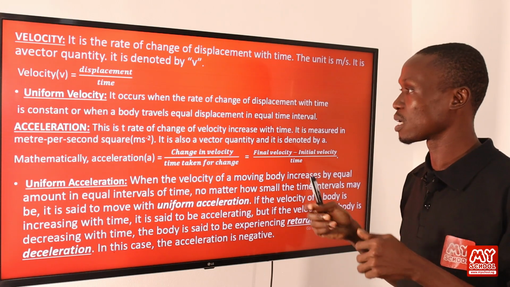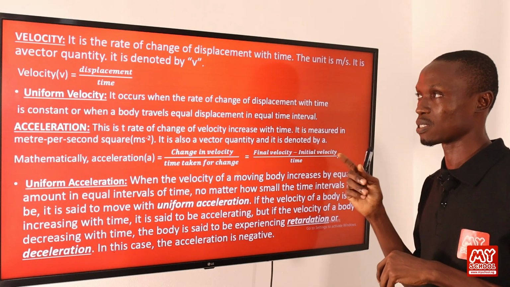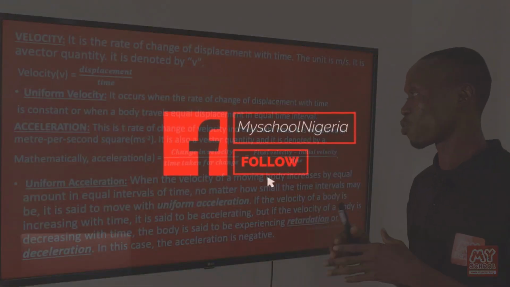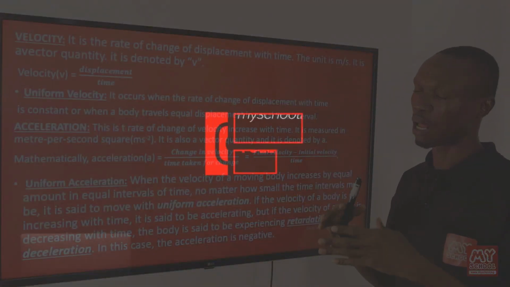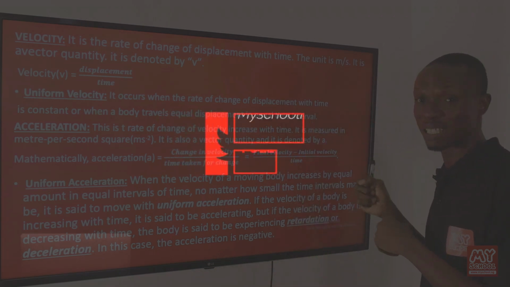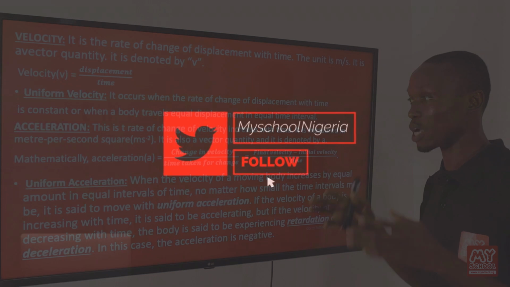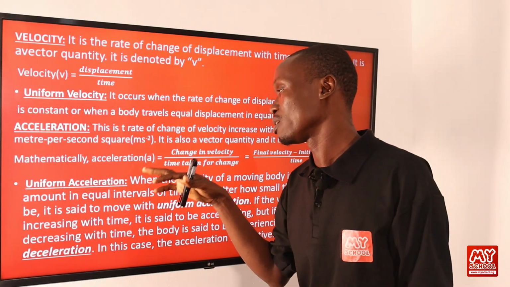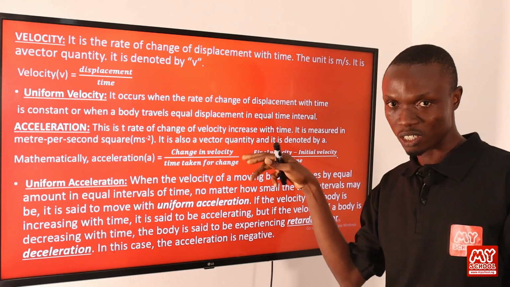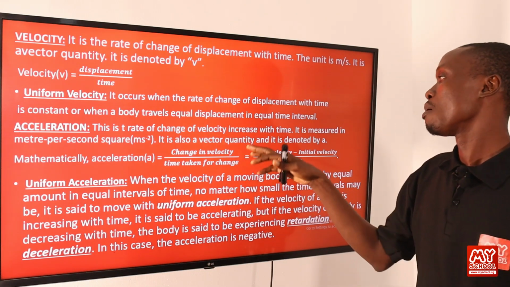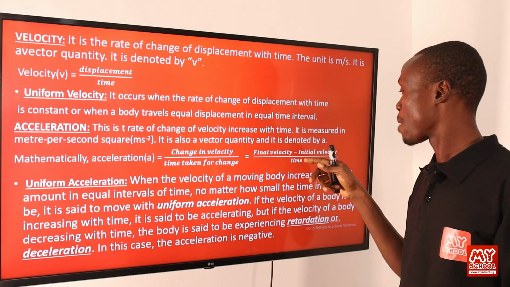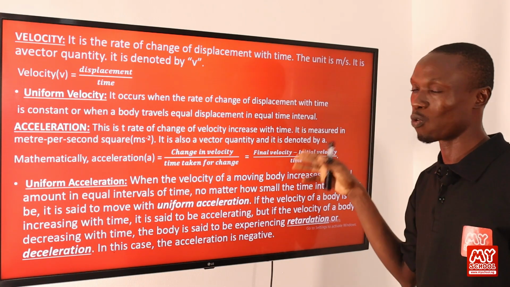You must not forget that it is measured in meter per second square, and it is also a vector quantity, just like velocity and displacement. It is denoted by the small letter a. Mathematically, acceleration a is given as change in velocity over time taken for this change to occur, and change in velocity is equal to final velocity minus initial velocity, all over time.